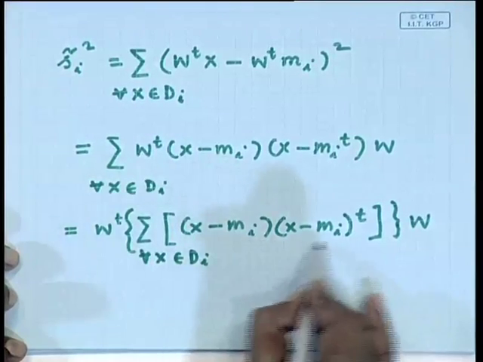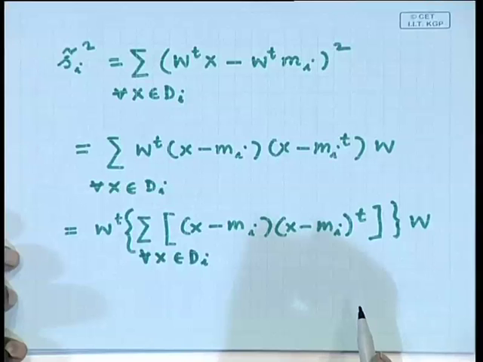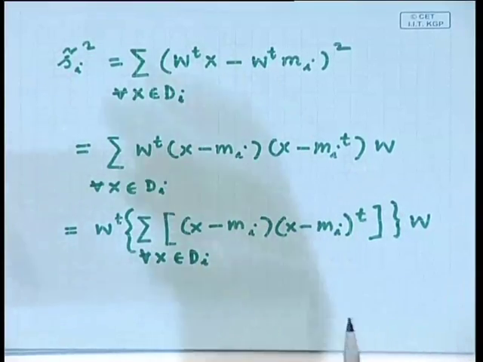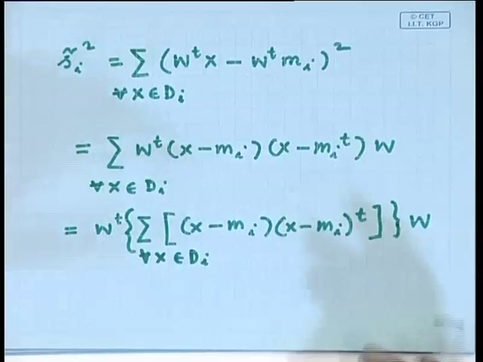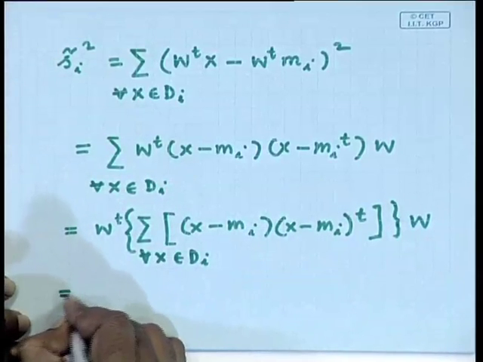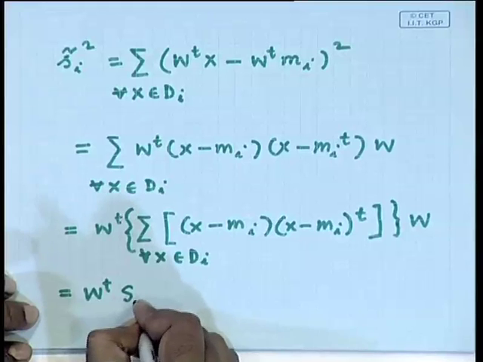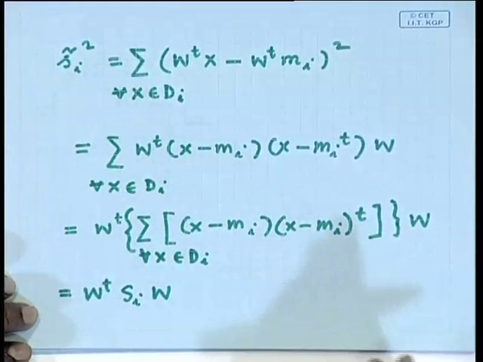Now, what is this term within the summation? This is nothing but S_i, that is the scatter of the samples in the original space. So, this is nothing but W transpose S_i W.